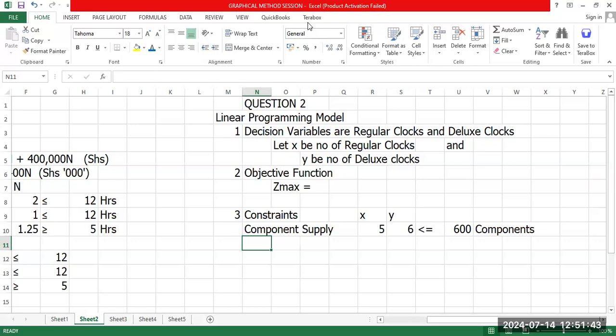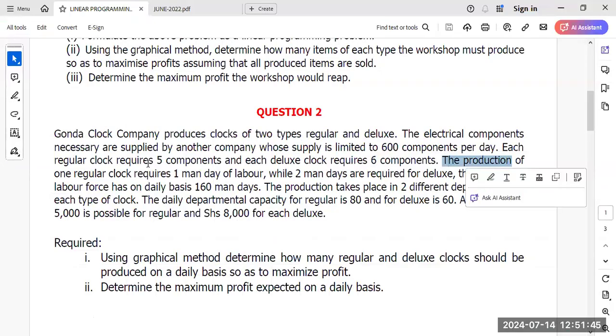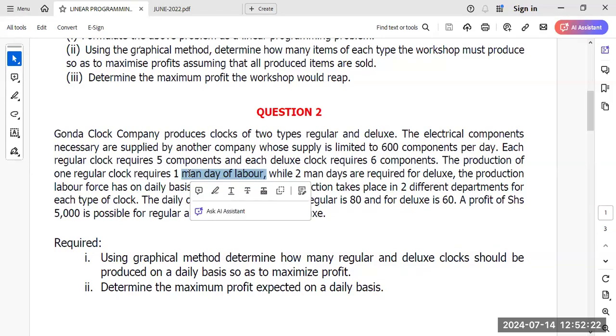Then next, the production of one regular clock requires one man day of labor. Are you seeing the language? One man day of labor. Recall we said also labor can be part of your constraint.